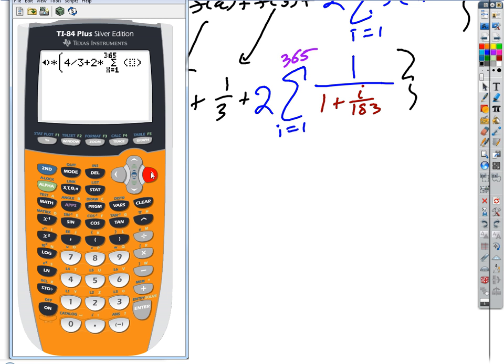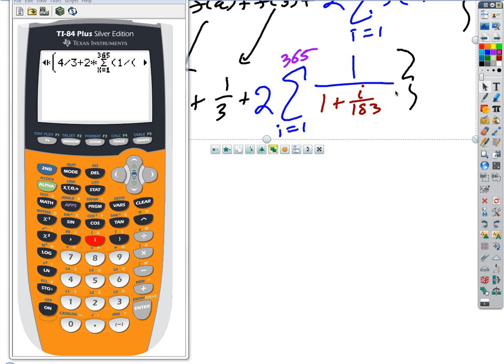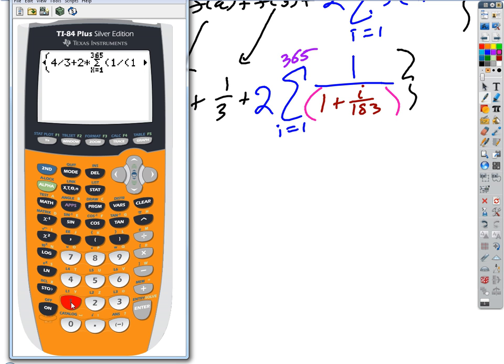And then it already opens the parentheses for us for the sigma. So yes, we got 1 divided by the quantity. So I'm going to open a set of parentheses around that bottom. Right, so what's that going to look like? 1 plus X divided by 183.